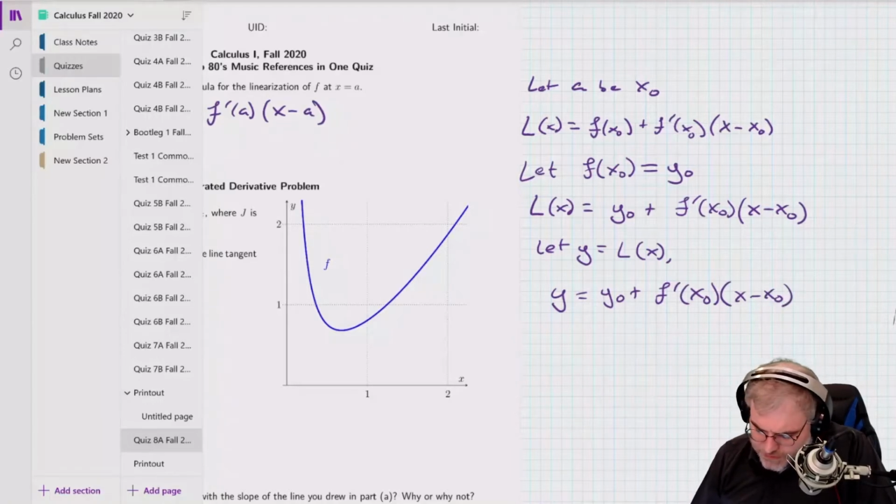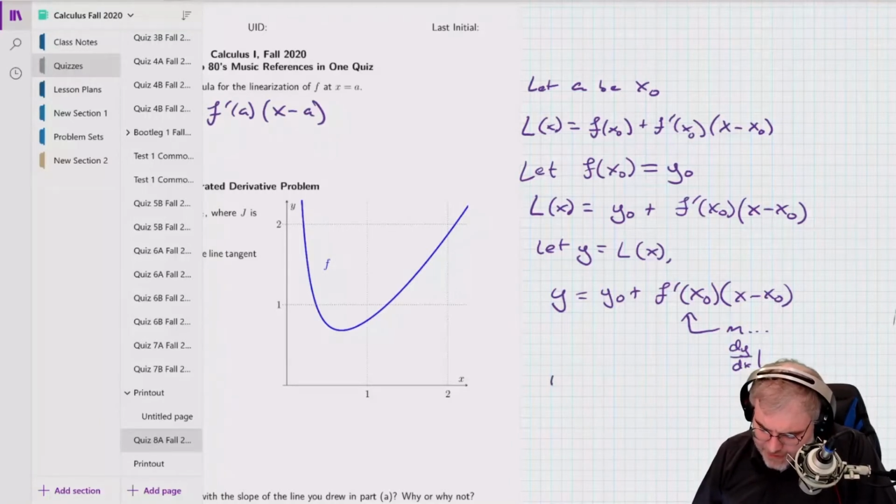All right, well, this is just the slope of the tangent line then. We'll designate this dy over dx at x equals x naught.